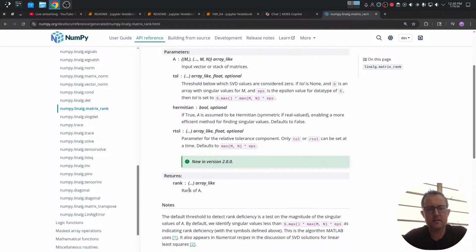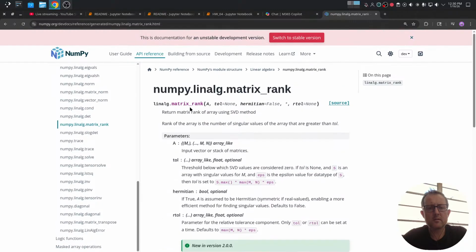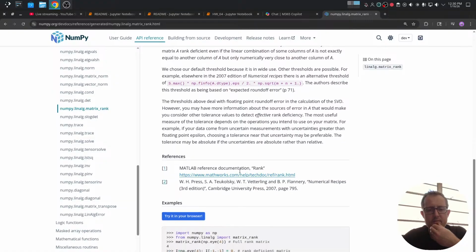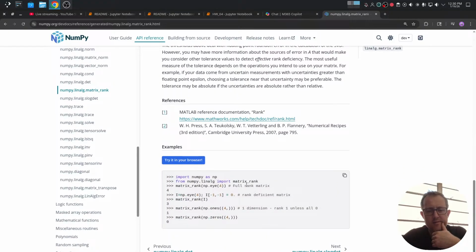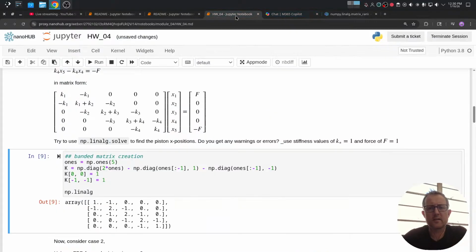Rank of A. Is this matrix rank? Is that what we're looking for? Maybe people imported linalg import matrix_rank. We could try that.